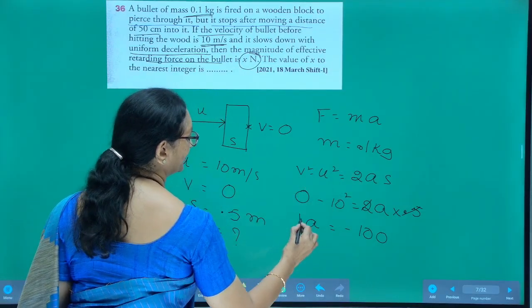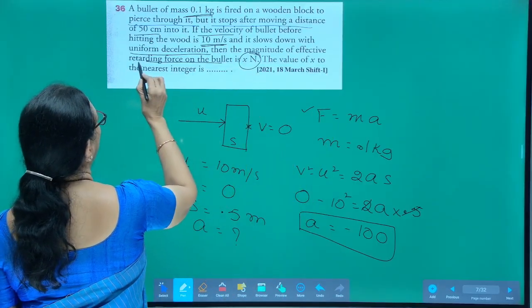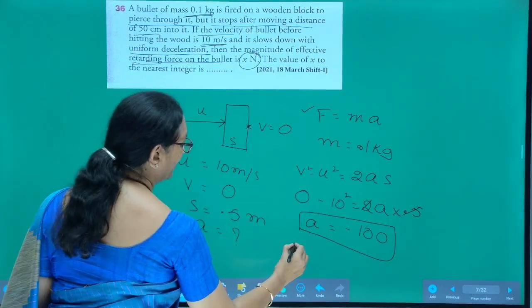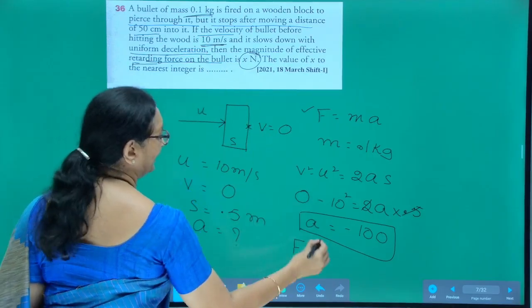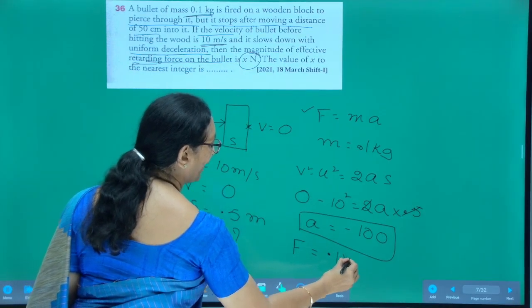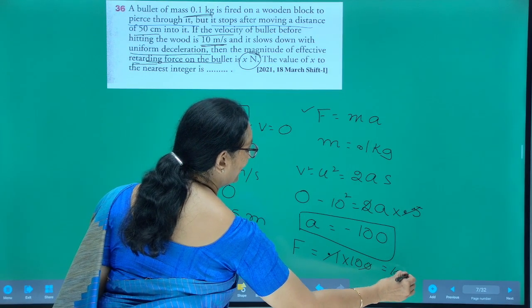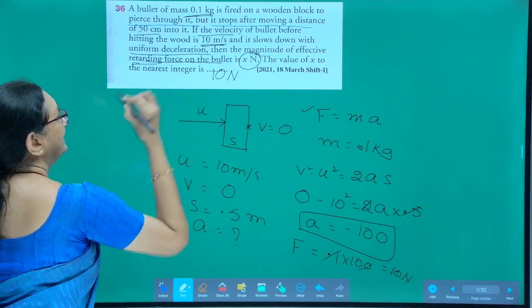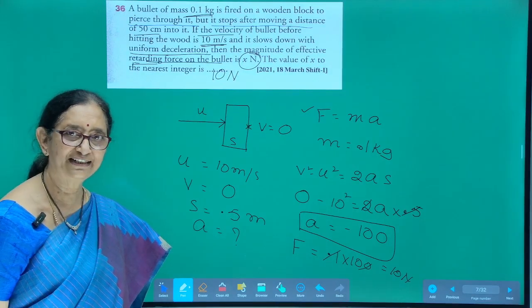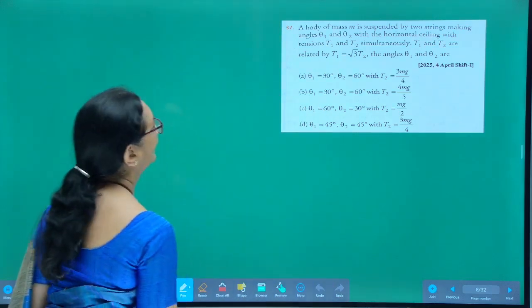So, substituting this value of a, magnitude of effective retarding force, we are just supposed to find the magnitude, that is m into a, 0.1 into 100, this is 10 Newton. So, the answer for that is 10 Newton. Is it all right? Let us move on to the next problem.